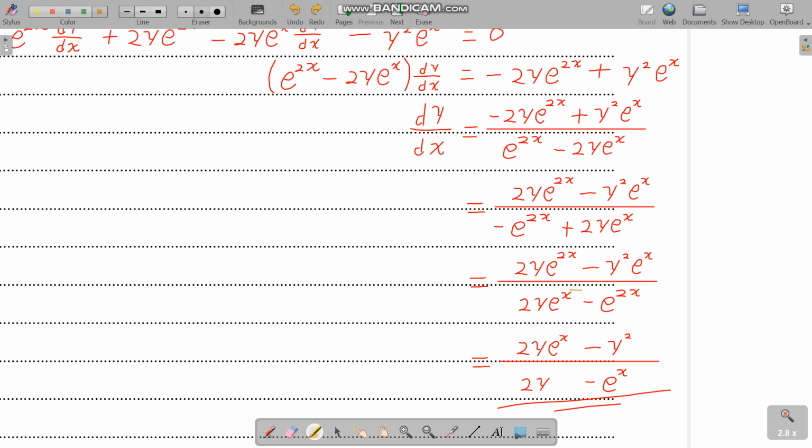Divided by e to the x, we get 1. Divided by e to the x, we get e to the x. So again the process is to multiply both parts by e to the minus x, or we can say divide by e to the x. Now we have exactly what we need to prove.